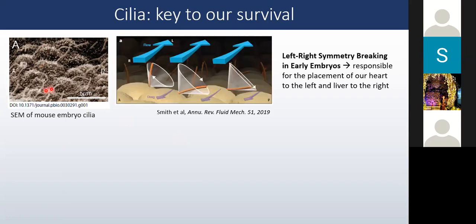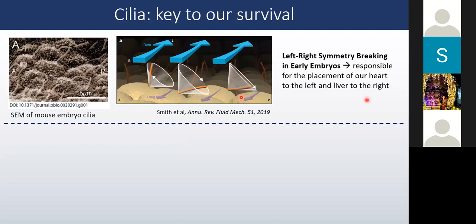And they cause a unidirectional flow in the fluid by rotating in this manner. Whenever they're close to the substrate, the flow is very small, but whenever they are away from it, the flow is large. So just by rotating, it creates a unidirectional flow, and that is responsible for the placement of the heart to the left and the liver to the right in humans.